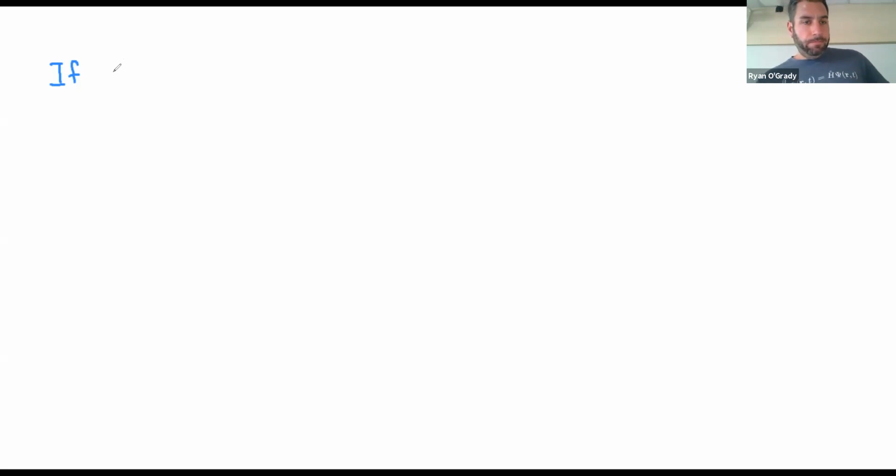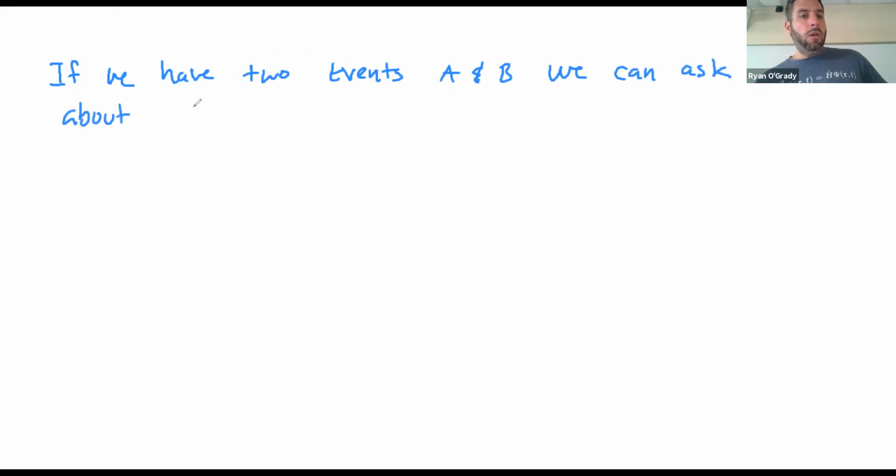So if we have 2 sets, or in this case, 2 events, A and B, we can ask about 2 new events.